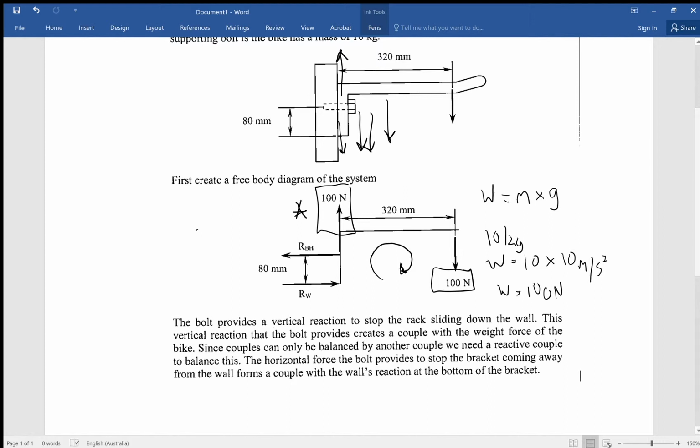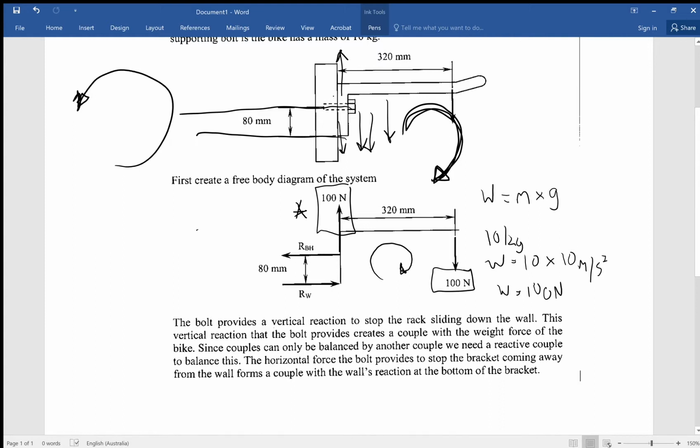The other couple is coming from this bolt and bracket on the wall. So what you need to do is say to yourself, well, this whole bracket's wanting to spin around in this direction, so it needs something to stop it by spinning in the opposite direction.